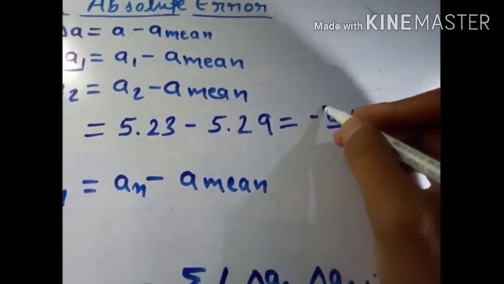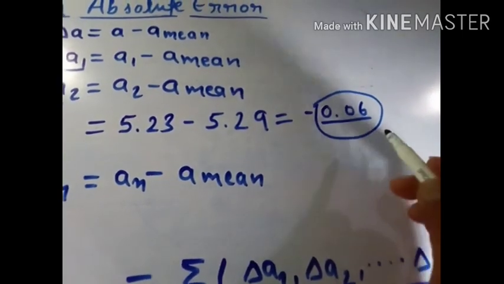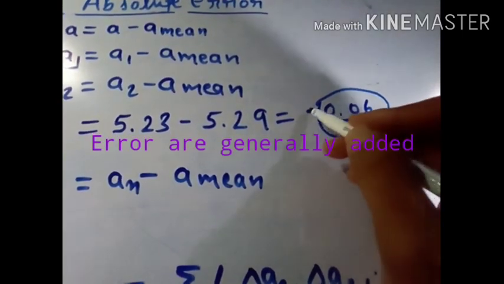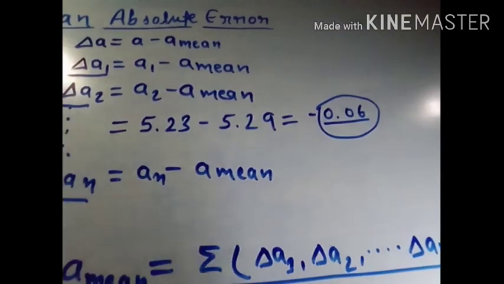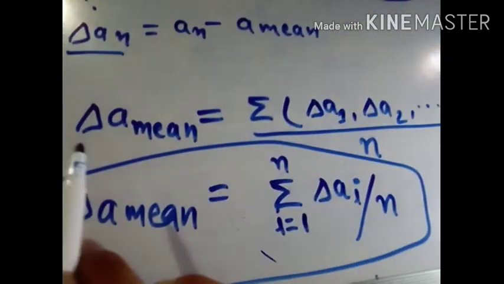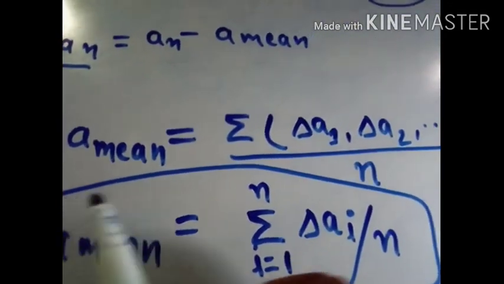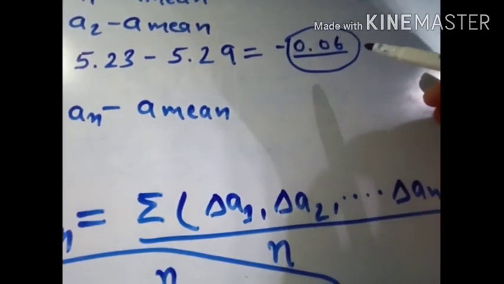The reason behind that is errors are always additive, meaning you are always adding the error. Error can be minimized but cannot be subtracted. So for calculating the mean value, their magnitude with the positive sign is considered.